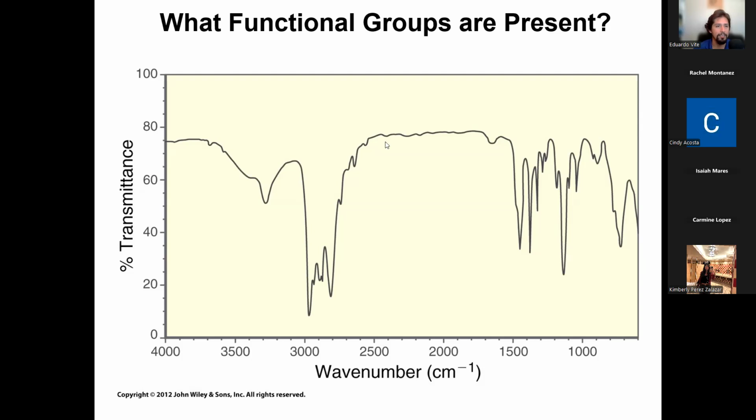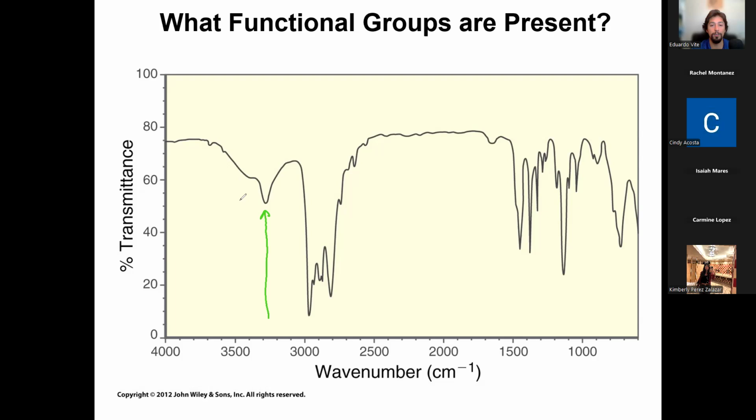Alrighty, and Rachel asks, is it one NH stretch and a CH stretch? And the answer is yes, you are correct. There is an NH stretch and a CH stretch, for sure. So the NH stretch is where? Give me the wave number. Yep, between 3300 and 3500, exactly. So right here, this one.